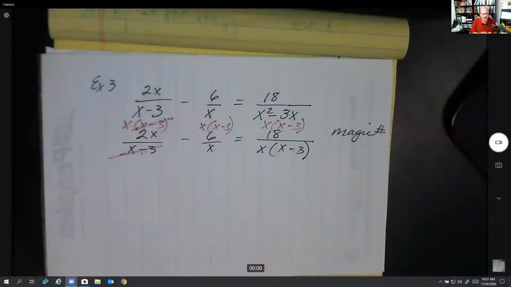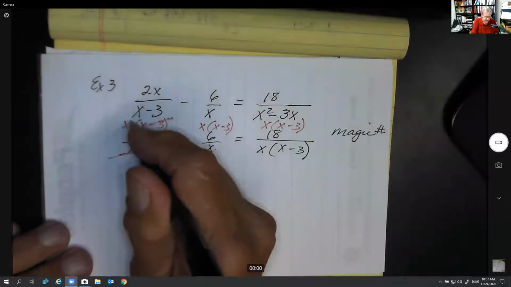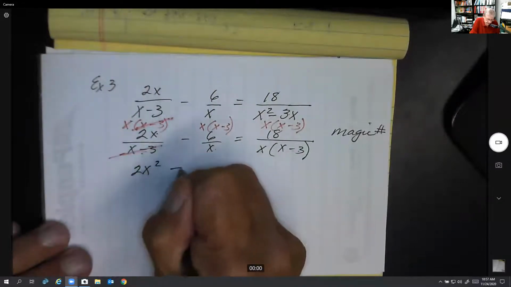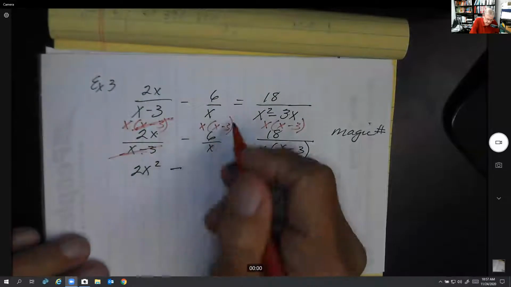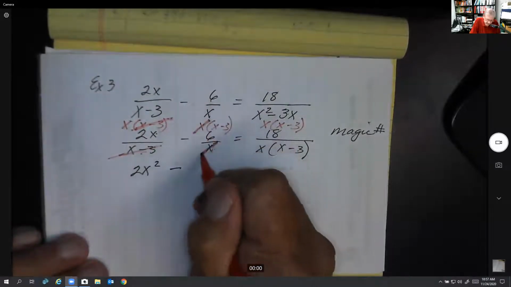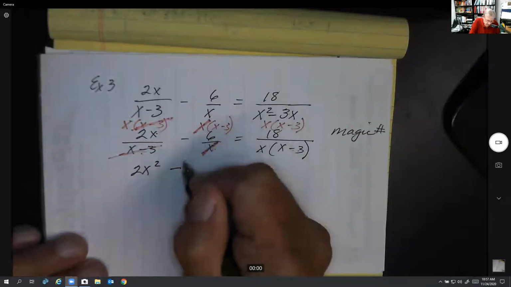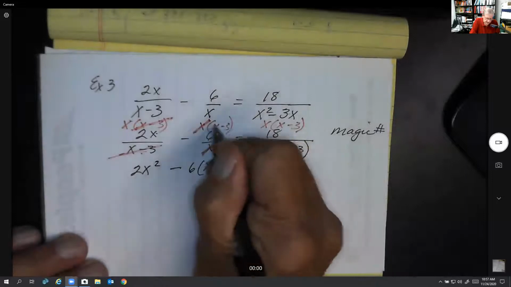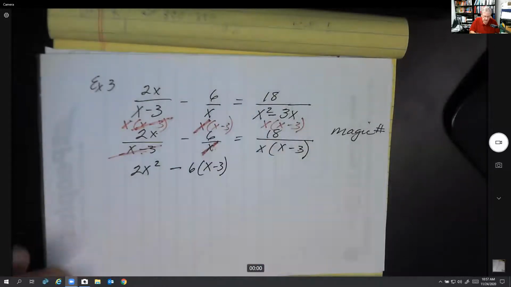What is that going to leave me? It's going to leave me with x times 2x, which is 2x squared, minus. Here, the x is going to cancel out the x. See, I want to get rid of these denominators, and that leaves me with 6 times x minus 3, because they're factored out. See, these are already factored, so I can cancel.